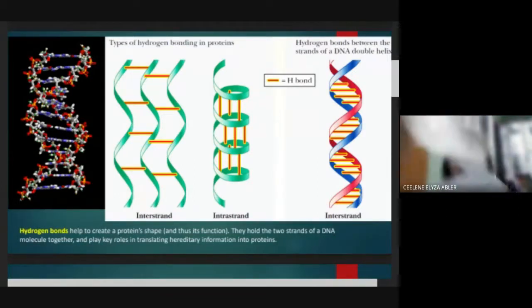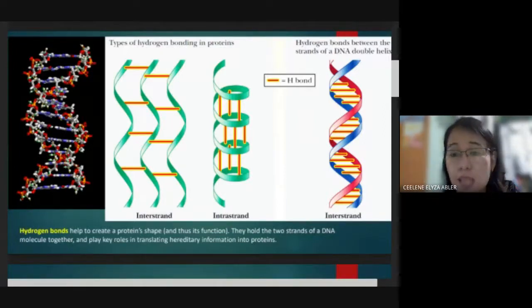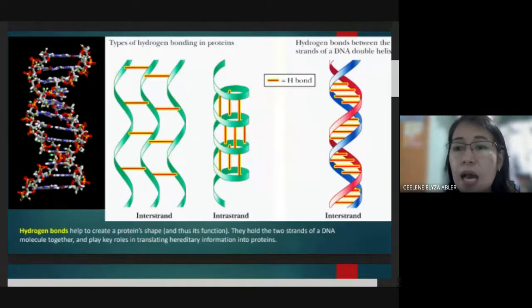Sa module 2 ninyo, you have here examples of how your proteins are actually folded. Sa mga magme-medicine, yung separate ninyo na lecture, I'll be taking that up, yung discussions regarding the pleating, alpha and beta pleats sa mga proteins natin.